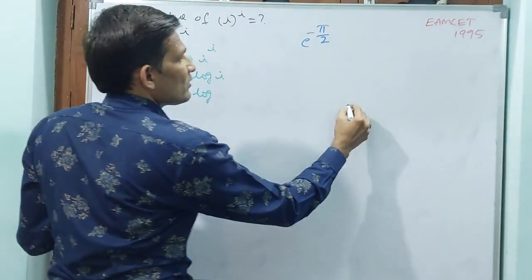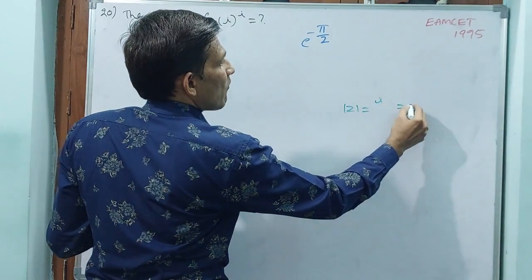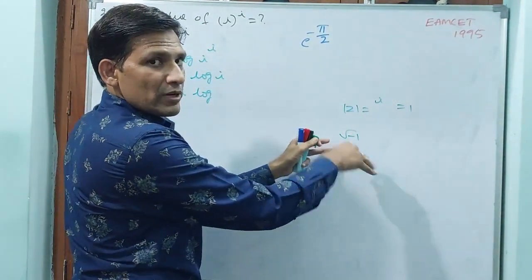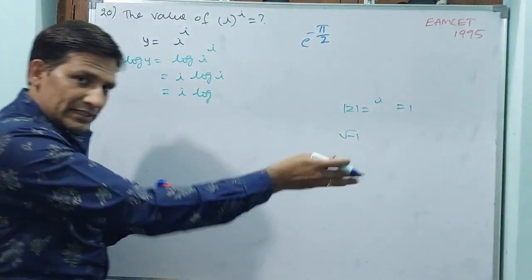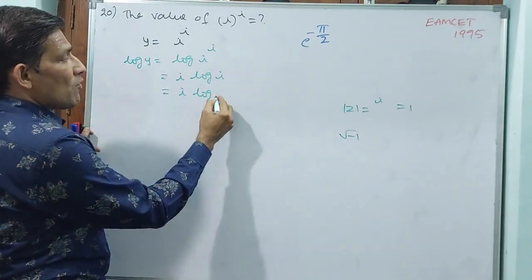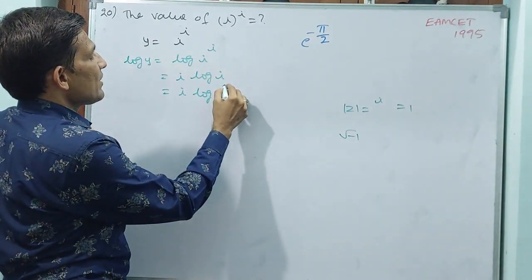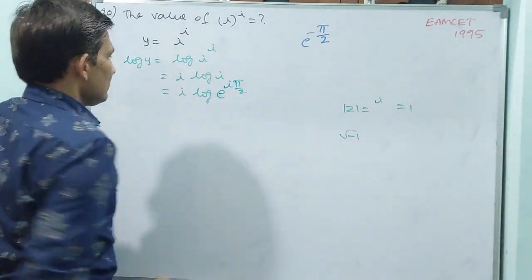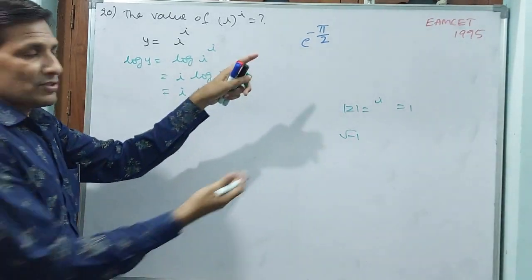We can also write modulus of z for I, which is 1, because even though it is square root of minus 1, the modulus is 1, at a distance of 1. That is why we can write I as e power I pi by 2, because pi by 2 is the angle of the imaginary part.